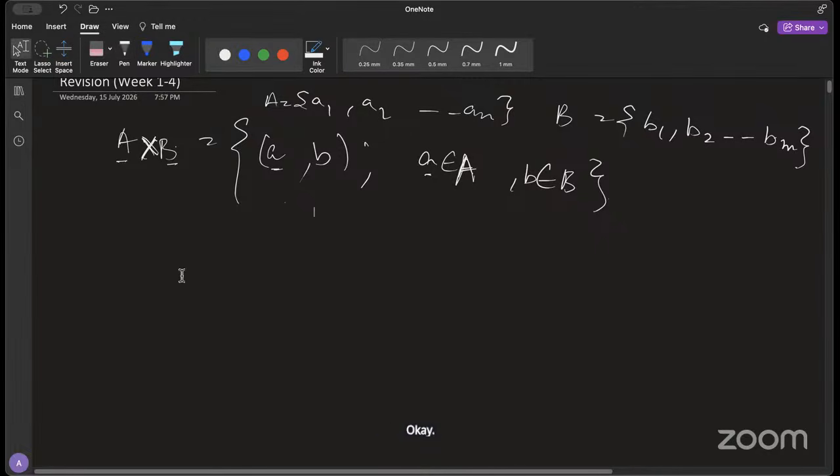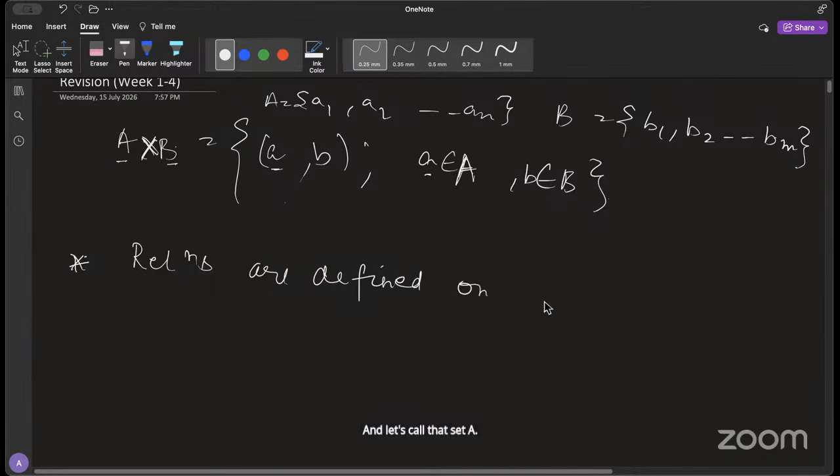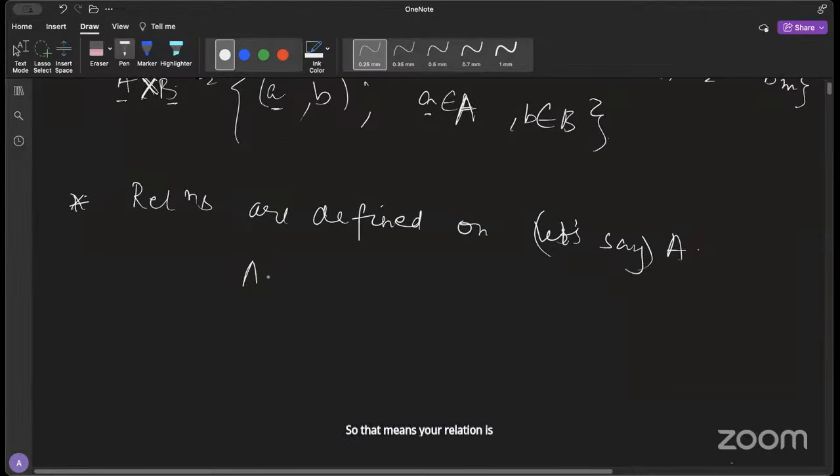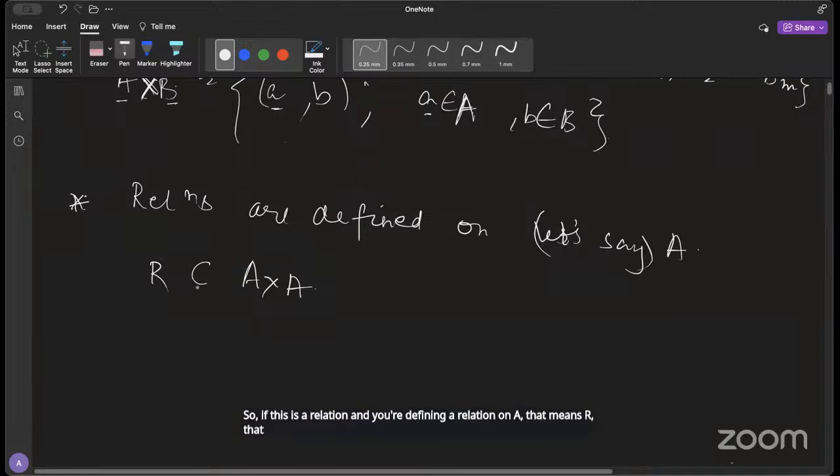Then coming to relations. Relations are always defined on a set, and let's call that set A. That means your relation is a subset of the Cartesian product A cross A. If you're defining a relation on A, then R is a subset of A cross A. So let's say your set A is {1, 2}.